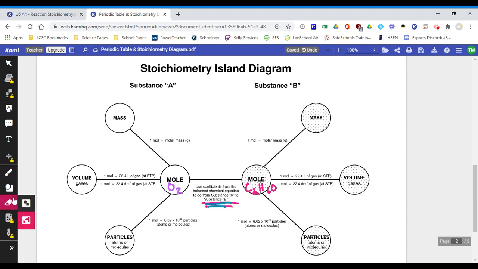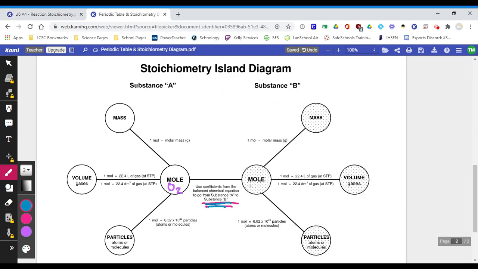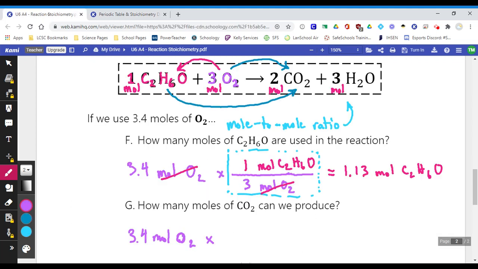This time, instead of it being C2H6O, I'm going from moles of O2 to moles of, was it CO2? Yes, CO2.